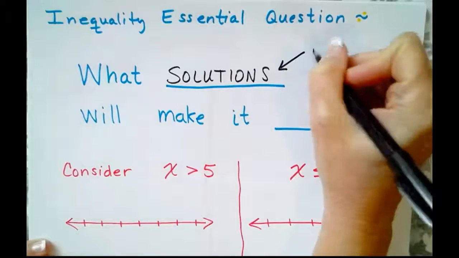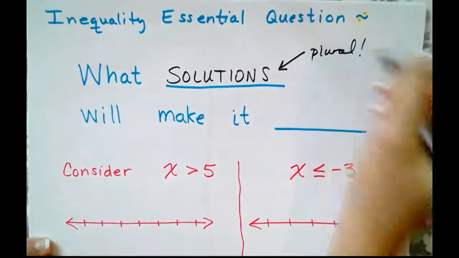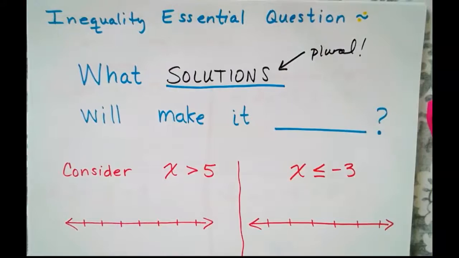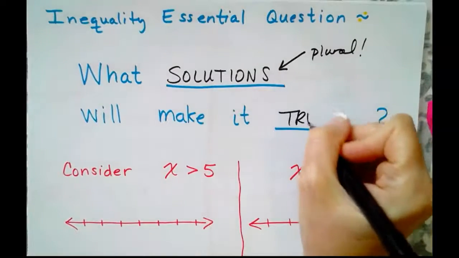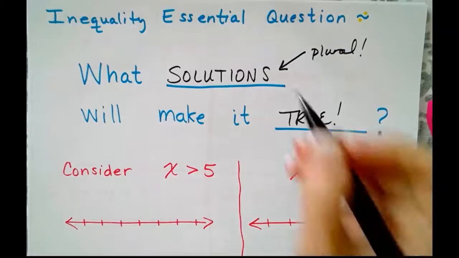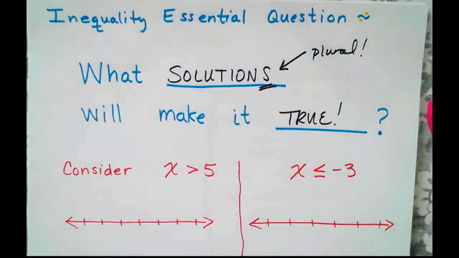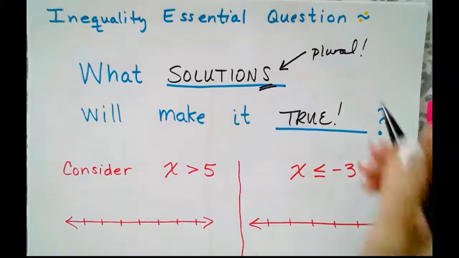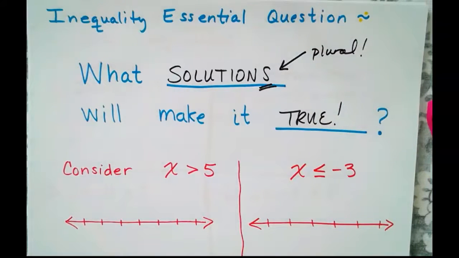Notice that this is plural. What solutions will make it a true statement? We're still trying to make a true statement here, but now we may not just have one answer. We may have lots of answers, infinitely many answers. That's why we're going to ask what solutions, a set of solutions. So the plural of solution.